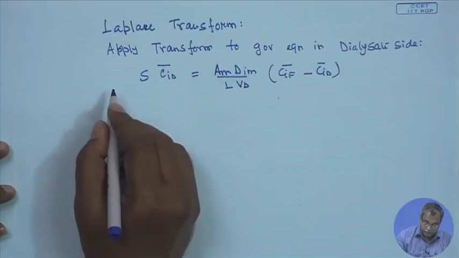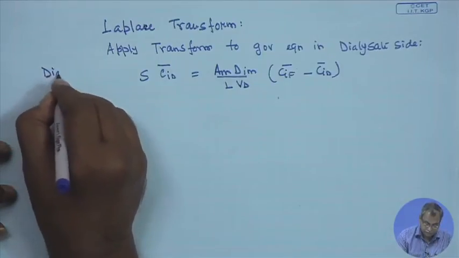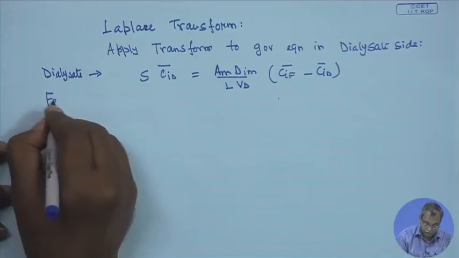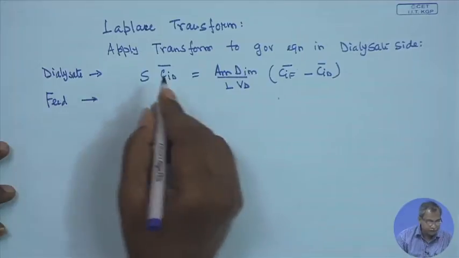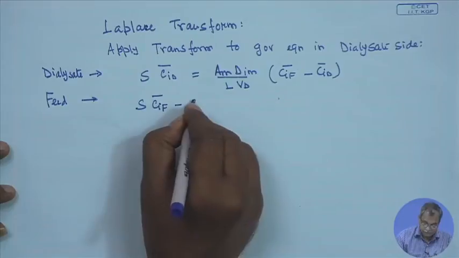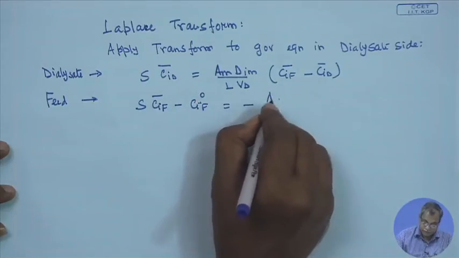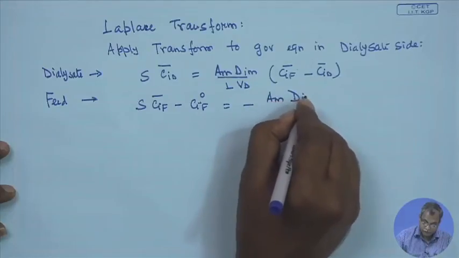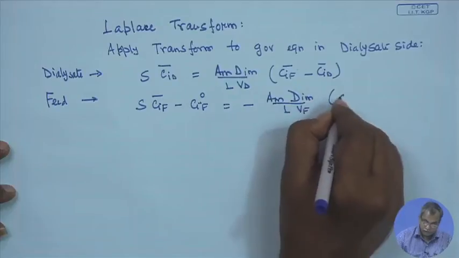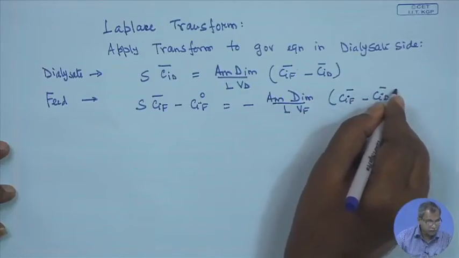And if we apply the transform to the feed side, using the same approach, we get s C_If bar minus C_If naught is equal to minus A_m D_Im over L V_f times (C_If bar minus C_Id bar).